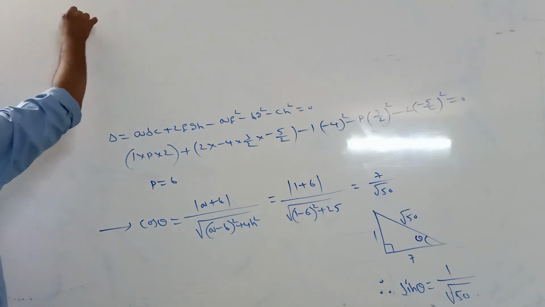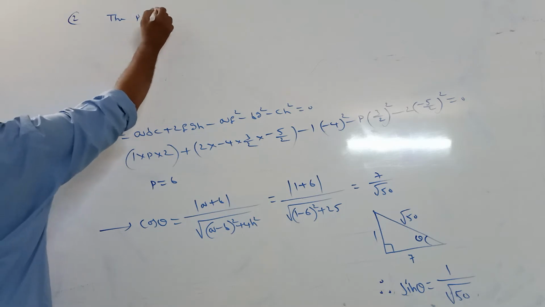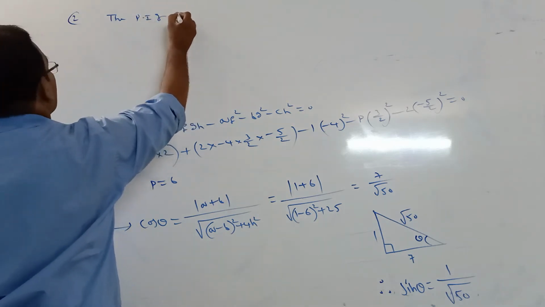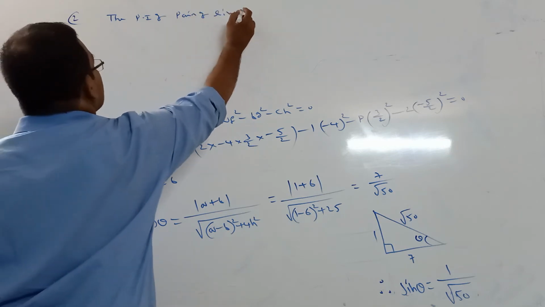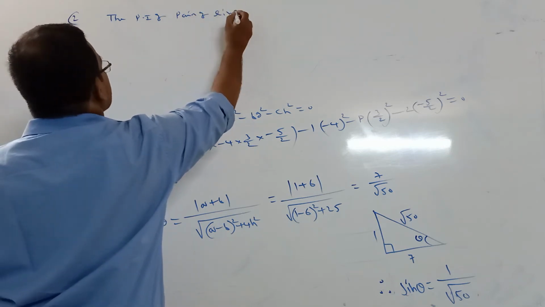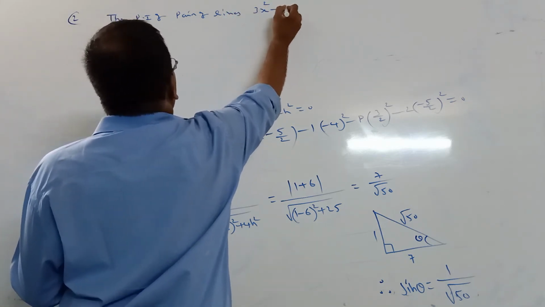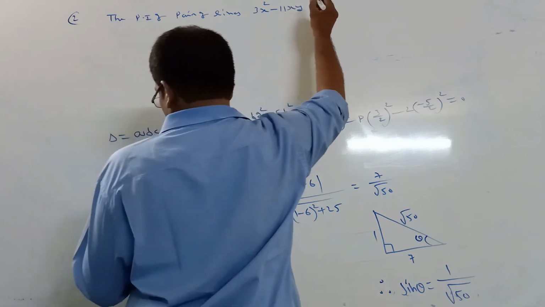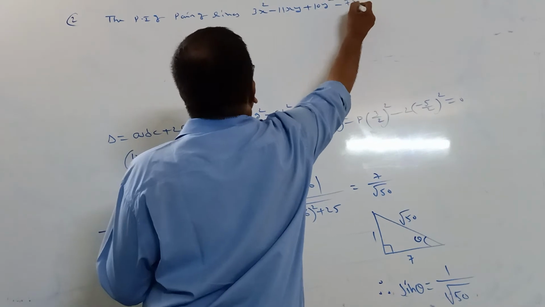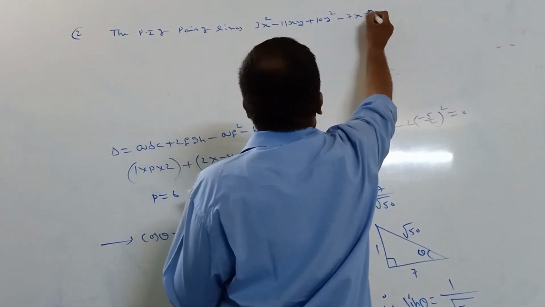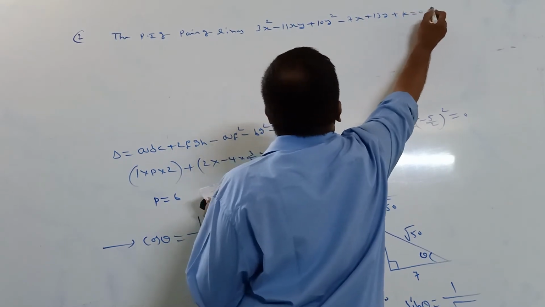Next, the point of intersection of the pair of lines 3x square minus 11xy plus 10y square minus 7x plus 13y plus k equal to 0 is.